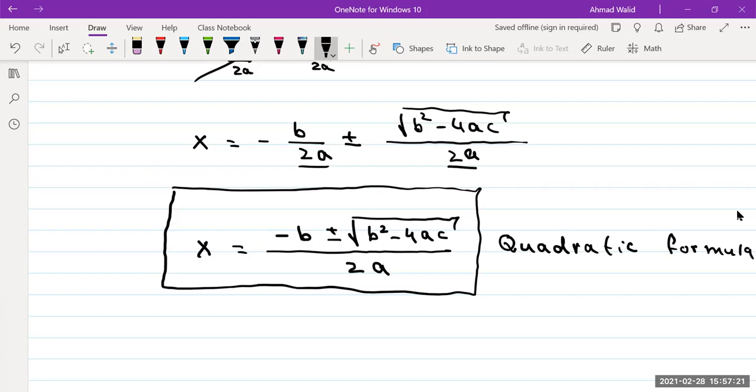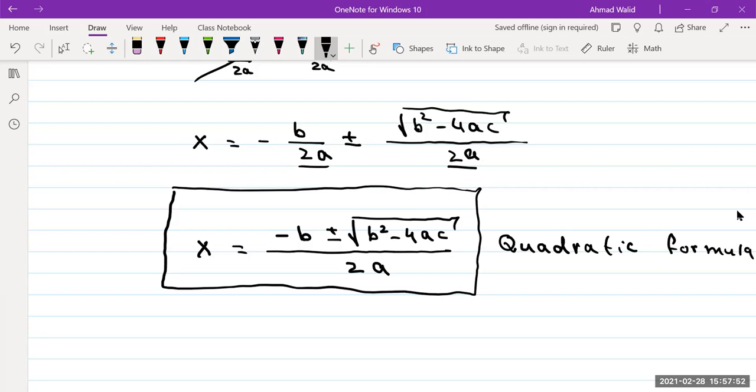If you forgot your factoring, don't use the factoring method, use the quadratic formula. If you don't know how to use the square root property, but you have to simplify the equation first, then you can use the quadratic formula. And even those quadratic equations that you cannot factor, you can solve by the quadratic formula, correct?